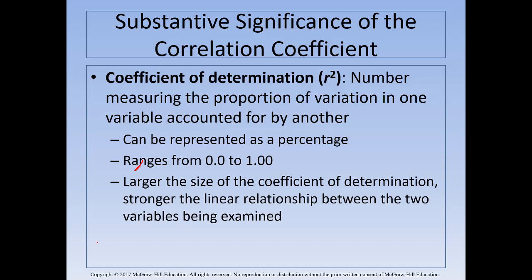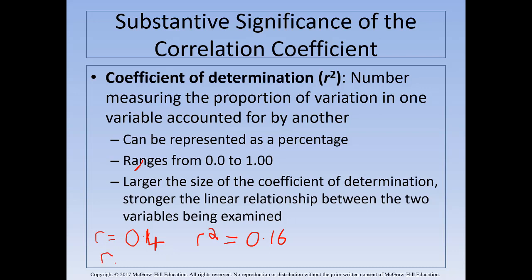So the amount of variation in one variable explained by the other is the coefficient of determination. So say we had a correlation of 0.4. Then the R squared is going to be 0.4 times 0.4, which is 0.16.